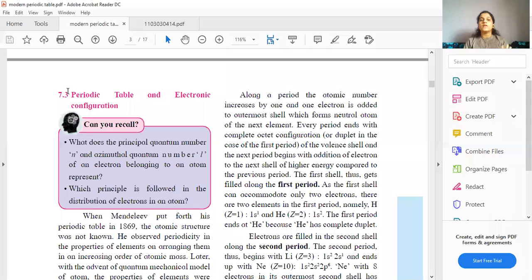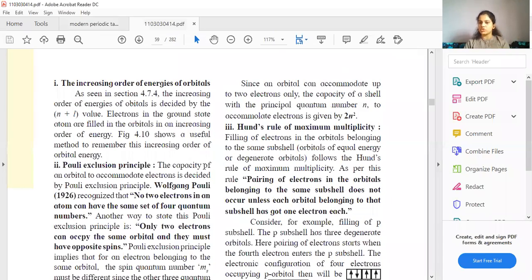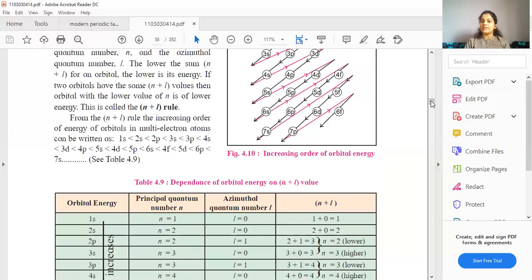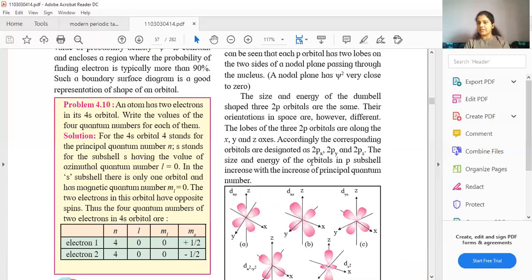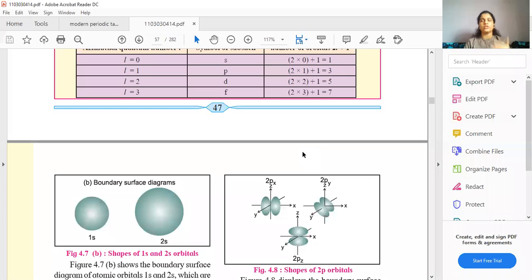Don't worry about it. So see students, the next topic of this chapter, periodic table and electronic configuration, I have not started, because you can see in the title itself they have written electronic configuration. So knowing electronic configuration becomes very important. That is the reason we went to chapter number 4, structure of atom. In this chapter number 4, the entire concept of how to write electronic configuration is explained very well.